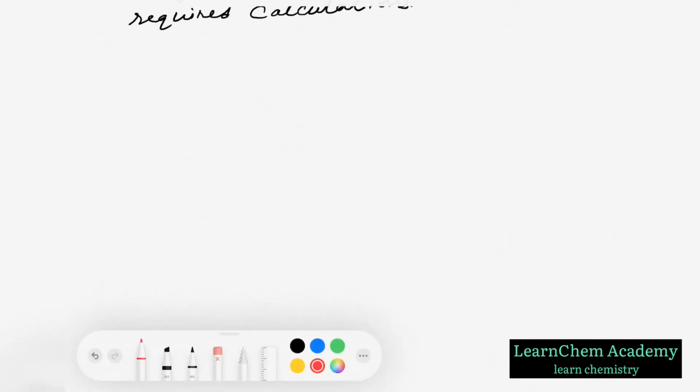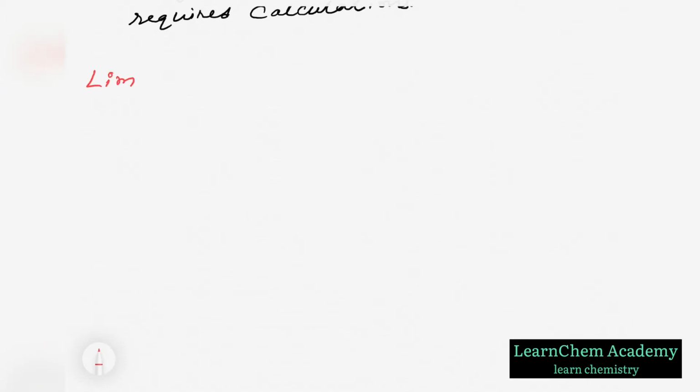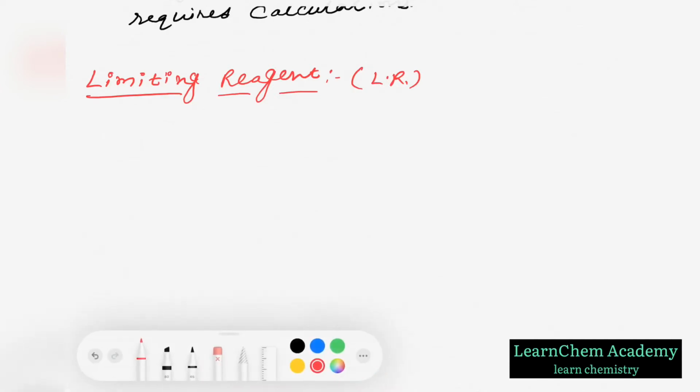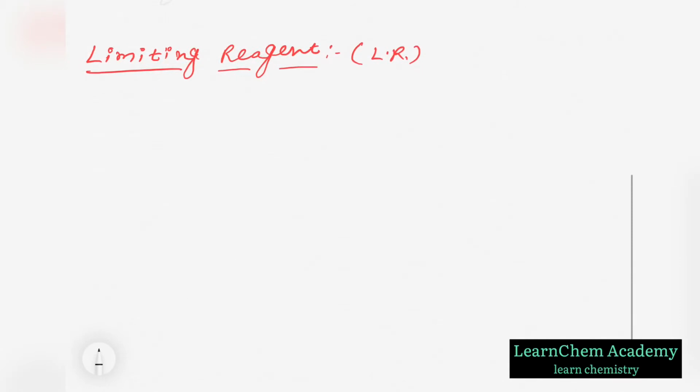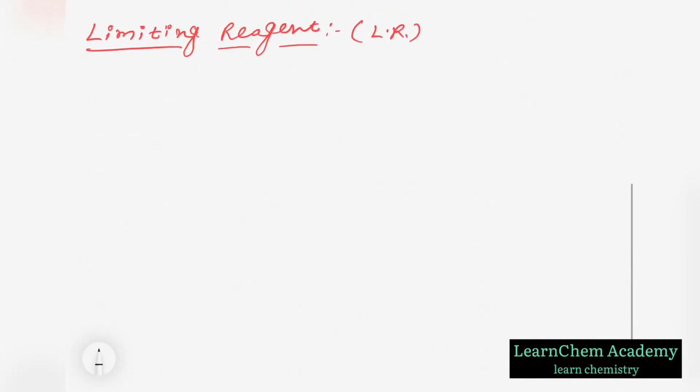So next is limiting reagent, we can call it LR. So we can write the definition of LR is the amount of the product formed that depends upon the reactant which has reacted completely.